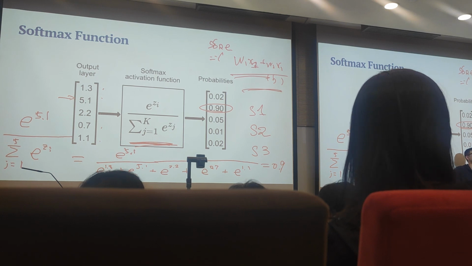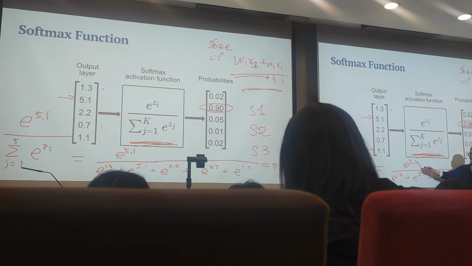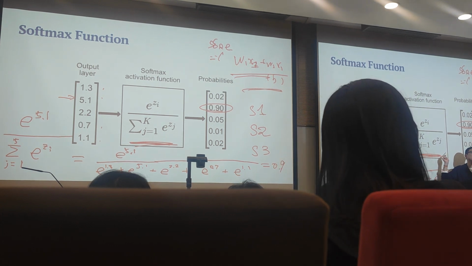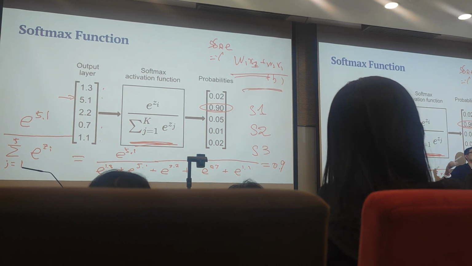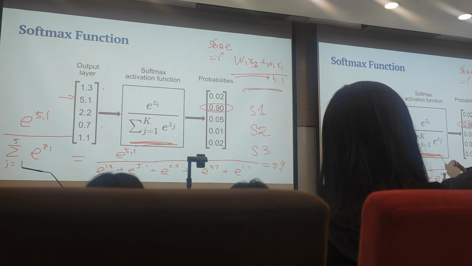So it's a kind of monotonic function that transforms these scores into probabilities to work with. When you transform it into probabilities, you can use something like log loss on top of it, and then you can start to train your neural network, and you don't need to care about other things.